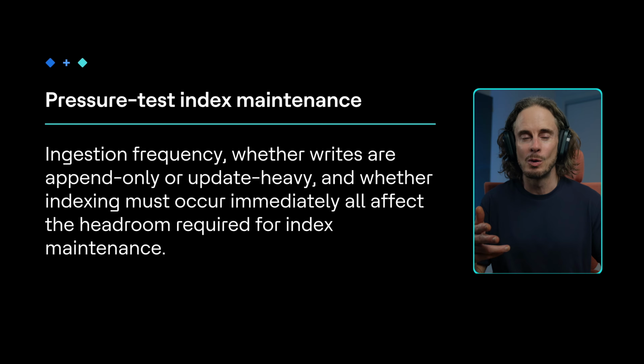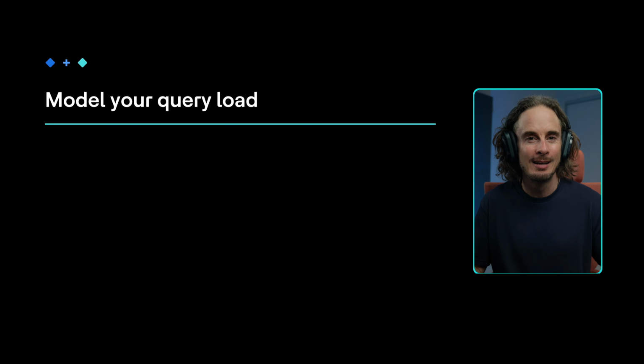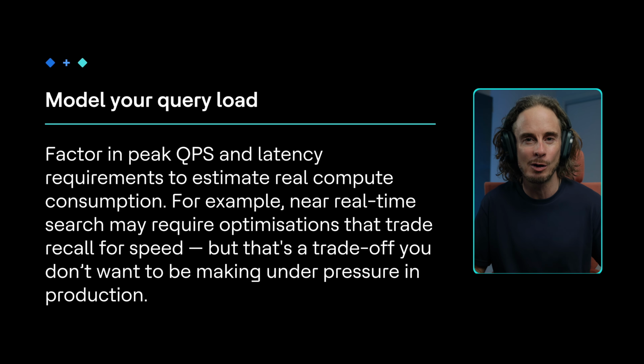Ingestion frequency, whether writes are append only or update heavy, and whether indexing must occur immediately all affect the headroom required for index maintenance. Model your query load. Factor in peak QPS and latency requirements to estimate real compute consumption. For example, real-time search may require optimizations that trade recall for speed, but that's a trade-off you don't want to be making under pressure in production.